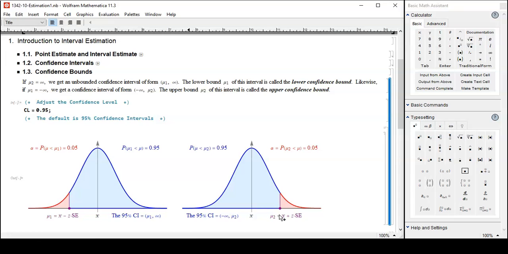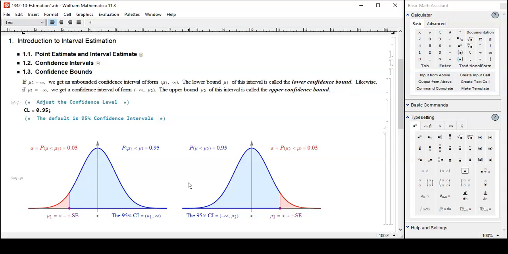At a slightly more advanced level, people call this an unbounded confidence interval, from some number to infinity, or negative infinity to the upper confidence bound. Some people do it that way, especially at the advanced level. But at this moment, I'm not going to confuse you with considering confidence intervals of infinity.